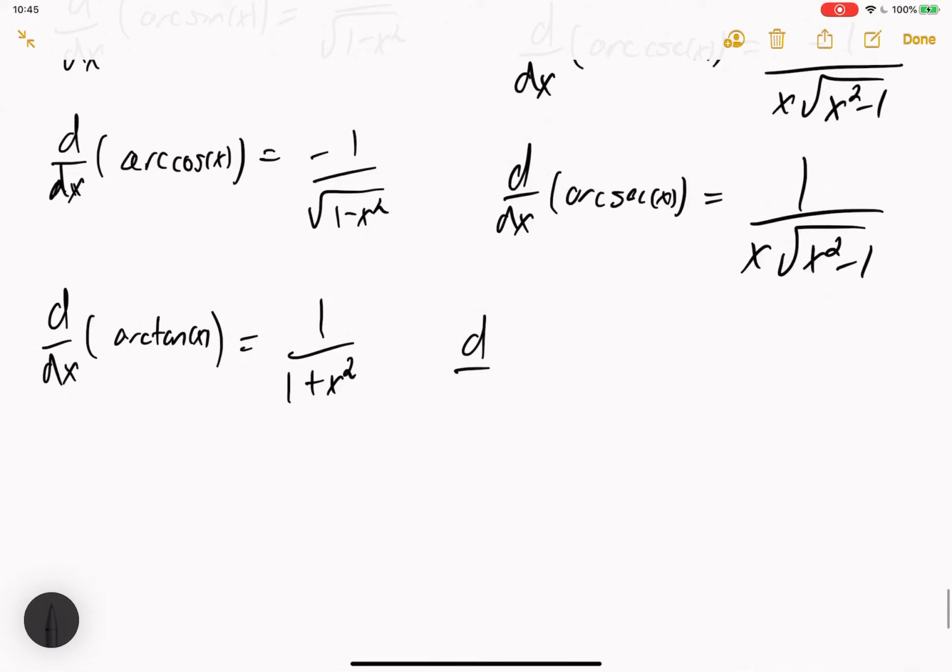Then lastly, d/dx of arc cotangent of x is just going to equal -1 divided by 1 plus x squared.